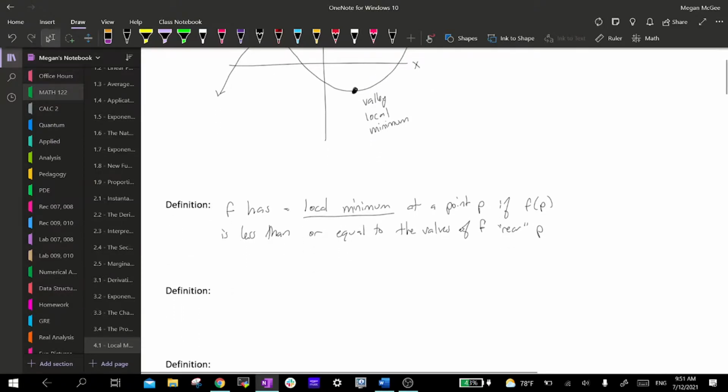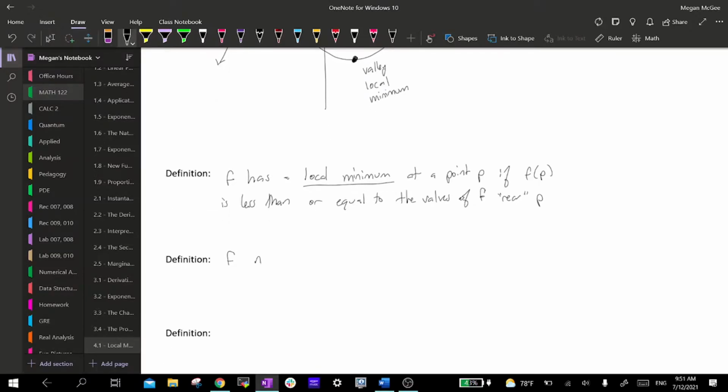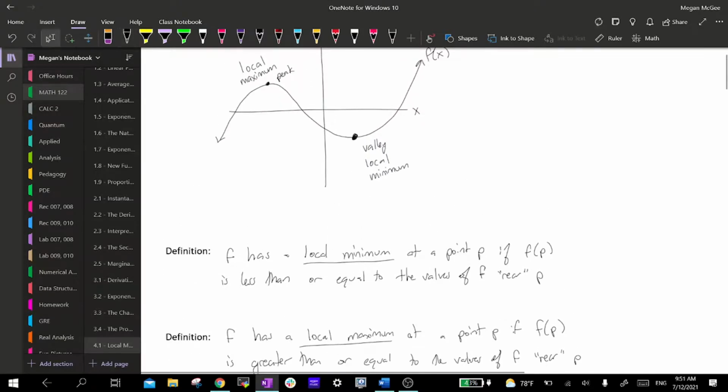And then a local maximum is similar. So f has a local max at a point P if f of P, that value, is greater than or equal to the values of f near P. So again, for our local maximum in our drawing, it occurred at the peak.